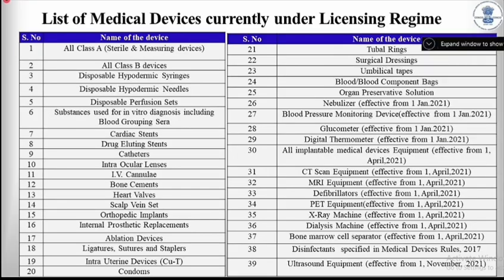These devices were under regulation before 2017, and from 2017 onwards, as per the new Medical Device Rules, devices like nebulizers, blood pressure monitors, glucometers, all kinds of implantable medical devices, CT, MRI, defibrillators, PET scan, X-rays, dialysis machines, and ultrasound were all notified by name.